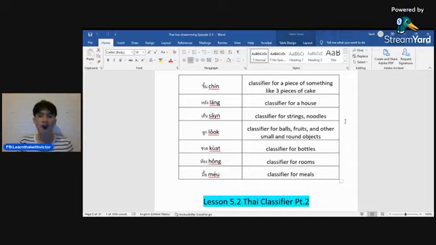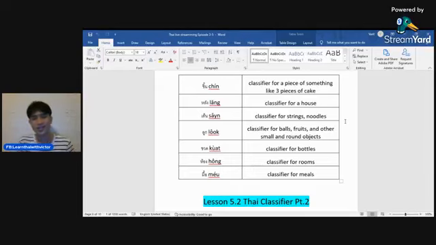Next one is the word ห้อง, the classifier for rooms. มีห้องน้ำ2ห้อง, ห้องน้ำ is the toilet. มีห้องนอน2ห้อง. If you come to Thailand and see a rental sign, it may be written like this: มี2ห้องนอน2ห้องน้ำ.